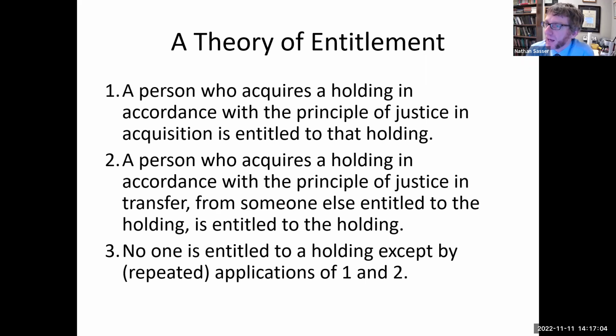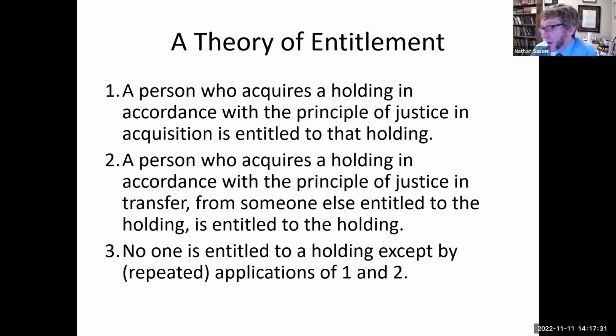So that first point there says that if we discover an island that nobody possesses, that's no one's property, and it's got coconuts on it, and if I follow the principle of justice in acquisition, whatever that happens to be, and thereby make the coconuts my own, well, then I'm entitled to the coconuts if I played by the rules in getting those coconuts.